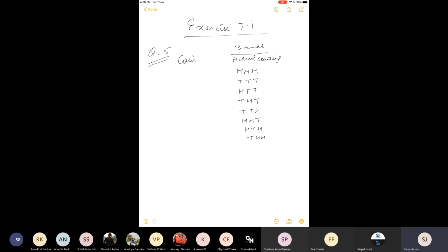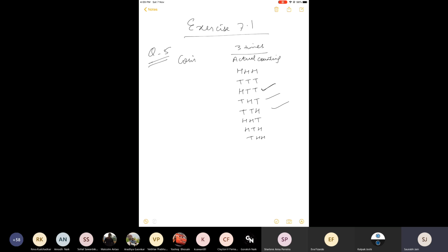We can make it simpler. First, I will write only those cases where only one head occurs. This can be done in 3 ways, depending on the position of H. Either head can come on the first turn, or on the second, or on the third time. Then we will discuss the cases where 2 heads can appear.